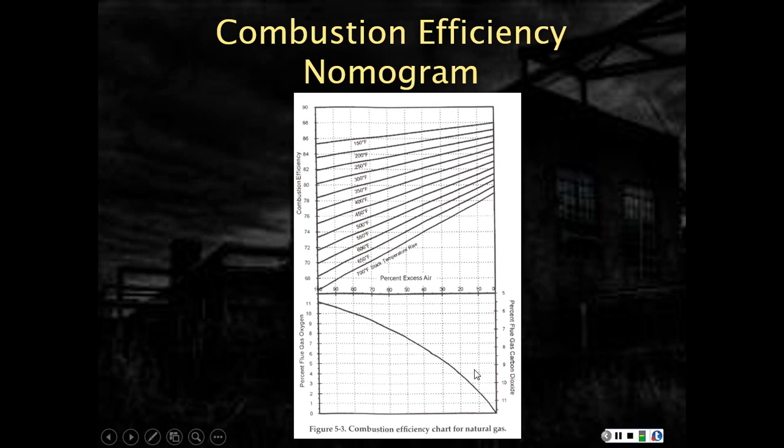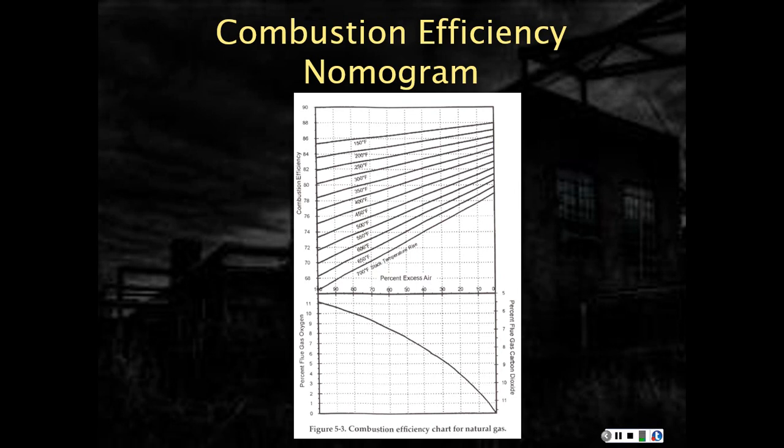So depending on what we measure, let's say I measure a flue gas oxygen of 5%, I would come to the 5 and then go across until I hit this arced line. Then I move up, just like a typical nomogram. When it crosses this border, it'll tell me the percent excess air that I have. In this case, 30%.